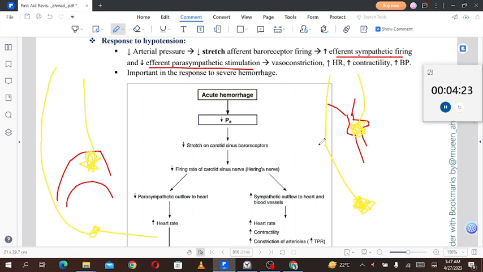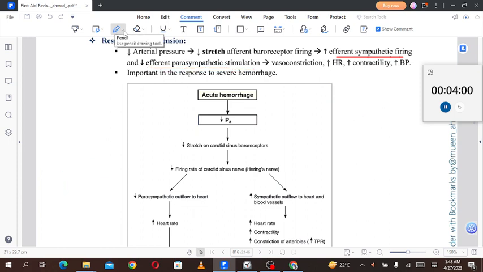Right now, because these are receptors, and receptors are sensory organs, the main thing you must remember about them is the afferent nerve supply. For the aortic arch receptors, this is the vagus nerve, and for the carotid bodies, this is the glossopharyngeal nerve. Now we are talking about a situation in which we are facing hypotension.